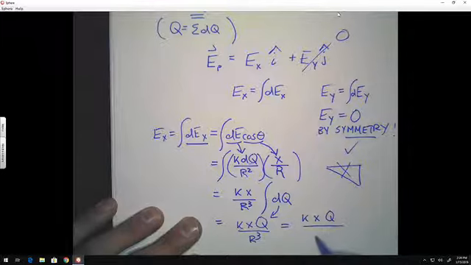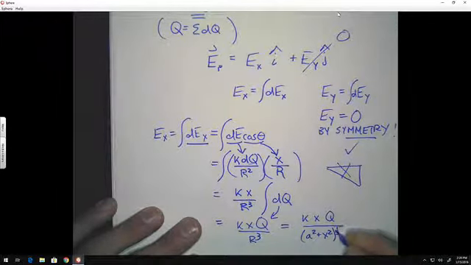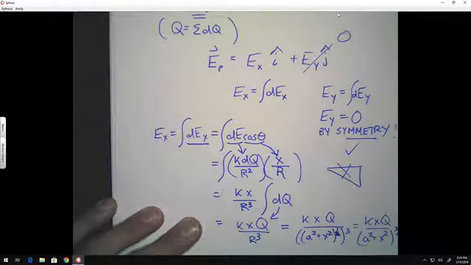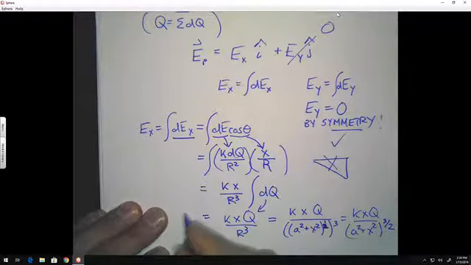And my r is going to be a squared plus x squared to the 1/2. That's what r is. But then I have to cube it. So this becomes kxq over a squared plus x squared to the 3/2 power. And that's the expression that we wanted.